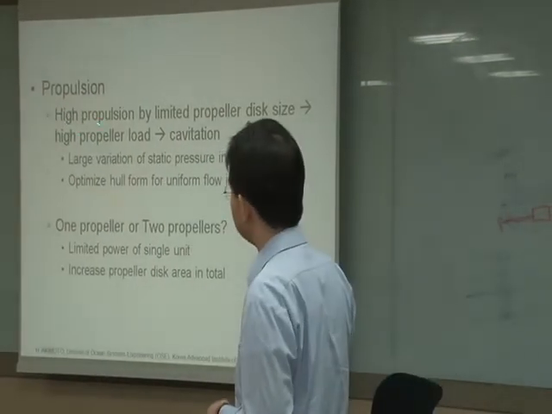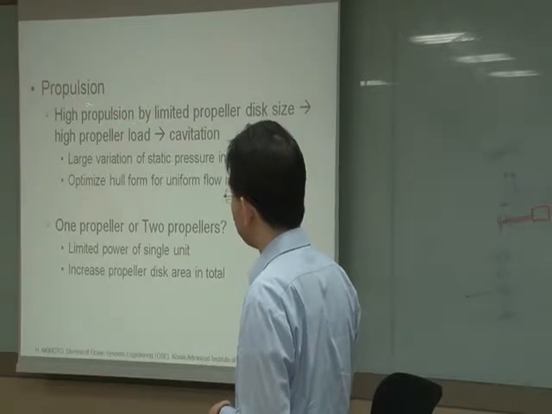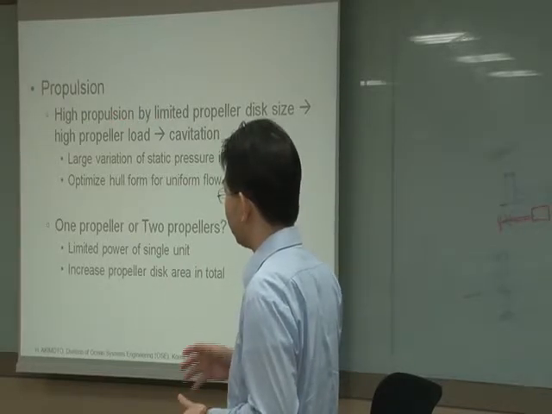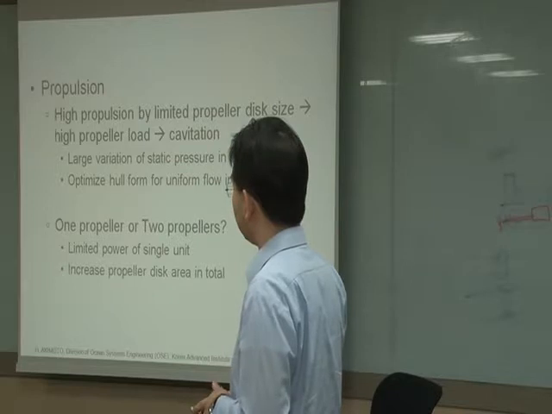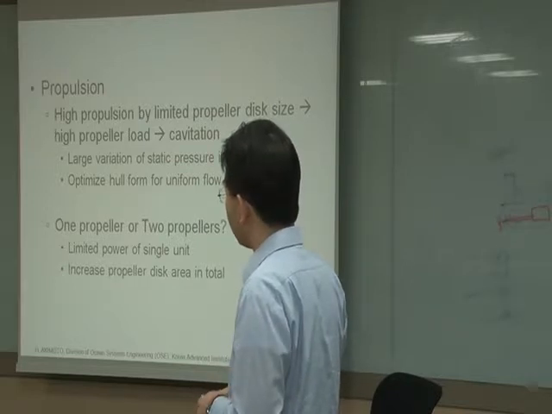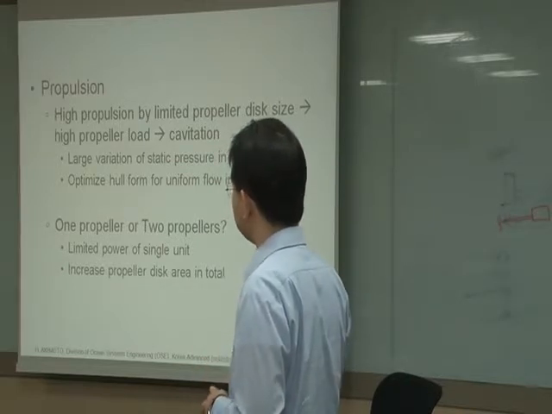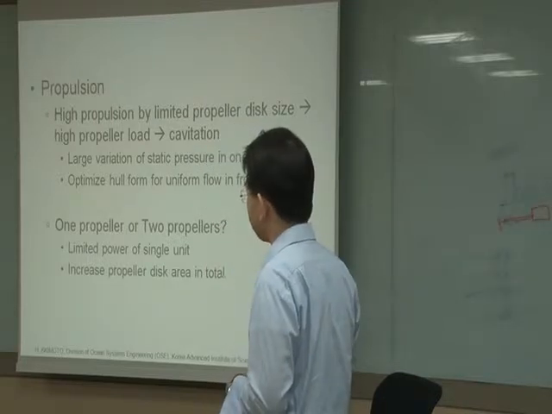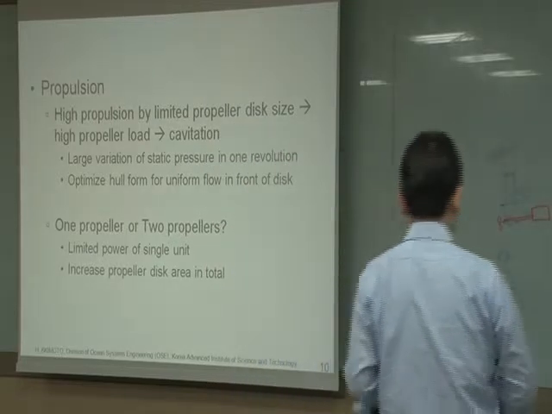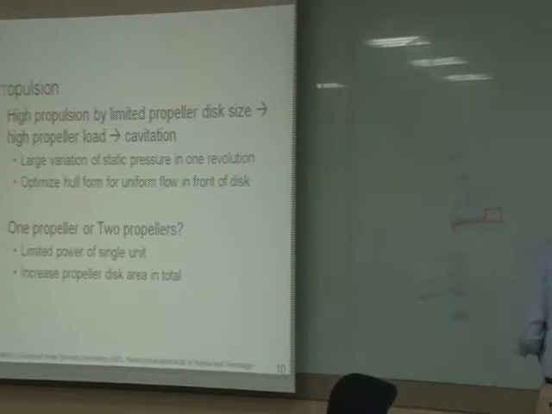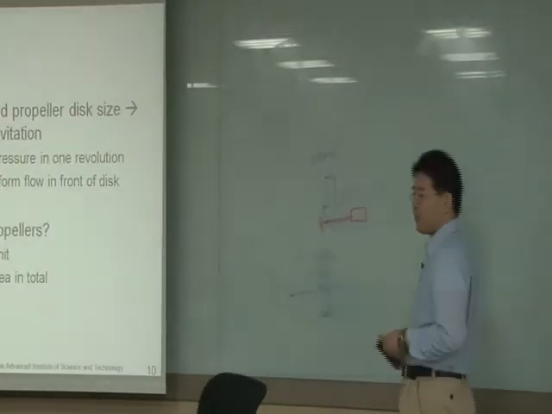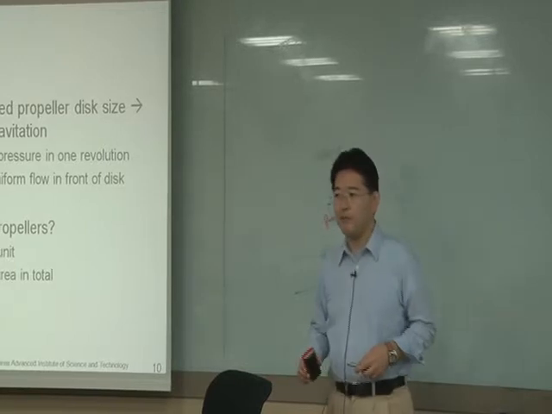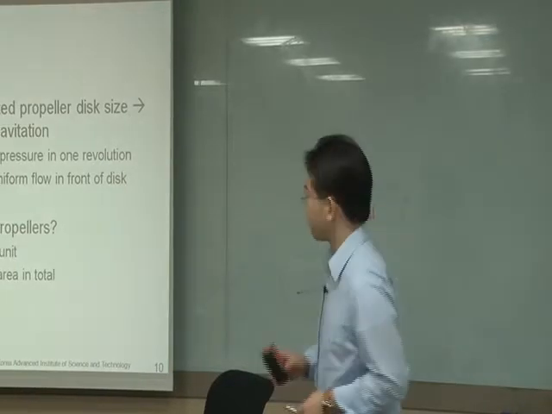But required propulsion increases more than the ratio of the square of ship length. So there will be an increased concern of cavitation. Do you know cavitation of the ship?